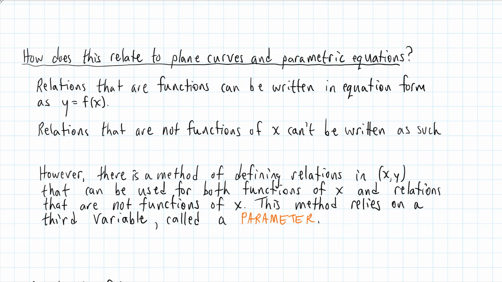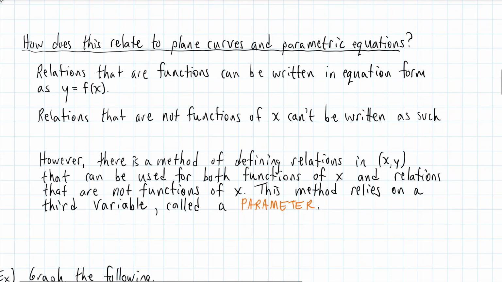We introduce a third variable to the situation, and you can think of it as almost a temporary variable, because we use it to figure out what x and y are, and then we only plot the x, y. You'll see what I mean in a sec, but we get this third variable called a parameter. And this way of defining a relation doesn't really care whether the relation's a function of x or not. It'll just handle it all the same.